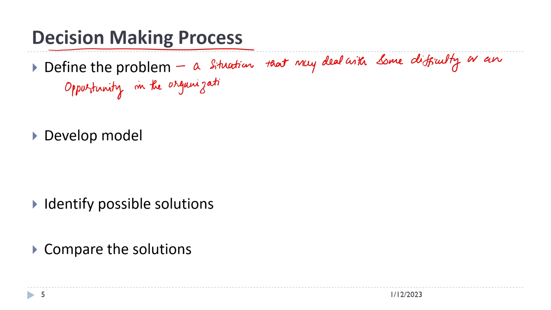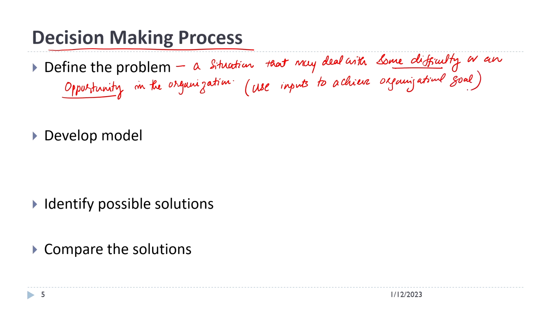Okay. You are either looking at dealing with some difficulty or an opportunity in an organization. Once you find that there is some difficulty or an opportunity, then you want to exploit that. Once you identify this, you want to use inputs to achieve the organizational goal.